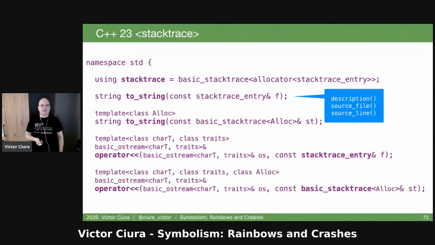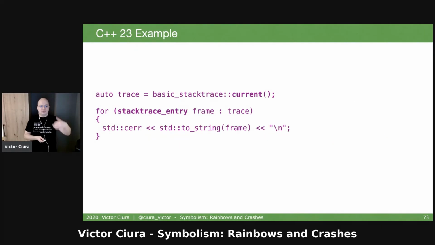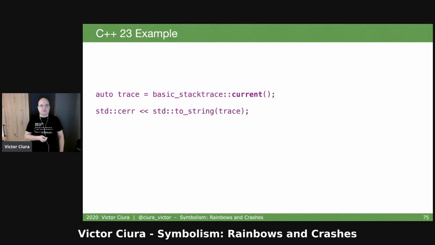All the boilerplate that you need to make something like this usable: get the current stack trace, do a range for, and print the description, source file name, file line, or even simpler, to use toString from the stack entry, which has this overload, or just print out the frame directly to an IOStream. Or even simpler, to print out the whole backtrace without individually printing the frames.